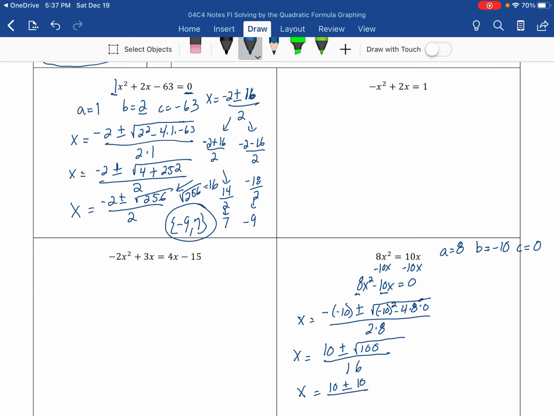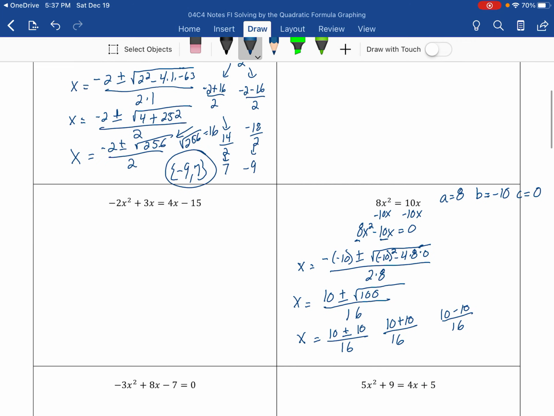I know I can simplify the square root of 100. The square root of 100 is 10. So I can rewrite this. This is going to be 10 plus 10 over 16 and 10 minus 10 over 16.